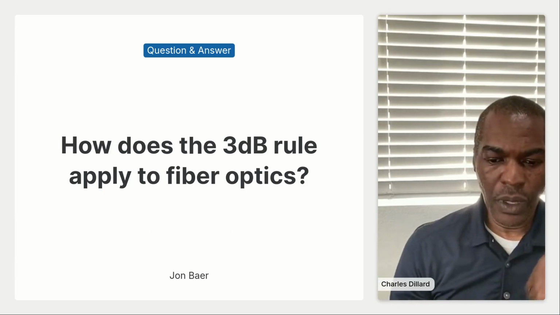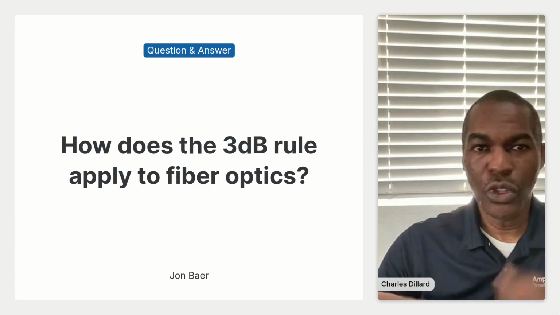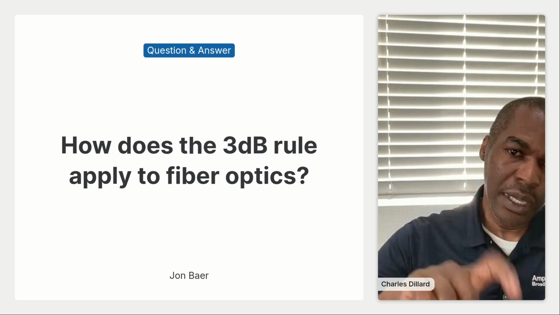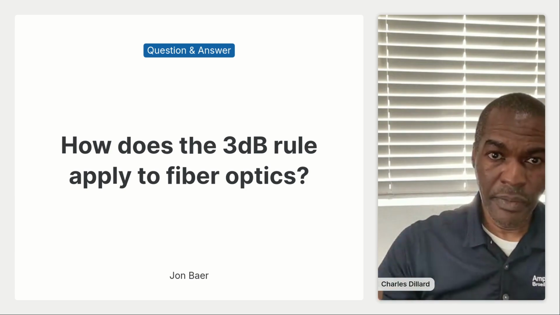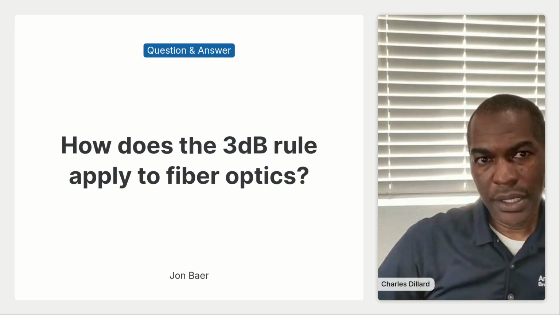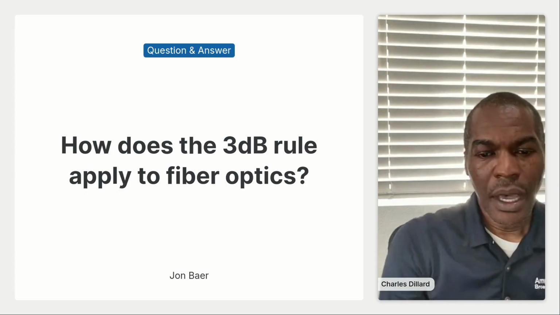For example, if 0 dBm is equal to 1 milliwatt, then as soon as I go from 0 dBm to 3 dBm, there's a 3 dB increase, which means my milliwatts have doubled. Now I would have 2 milliwatts. Where this comes into play is understanding the difference between milliwatts and dBm.